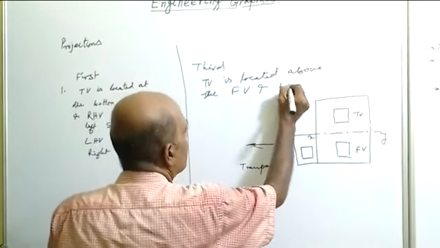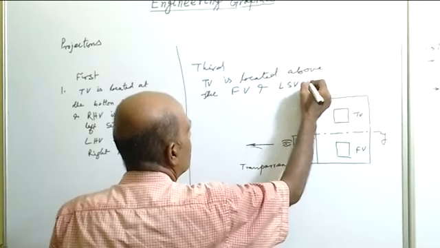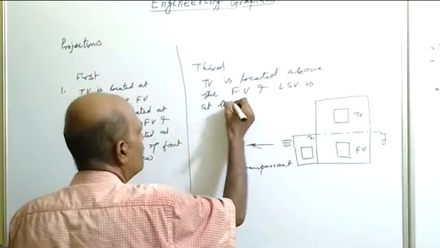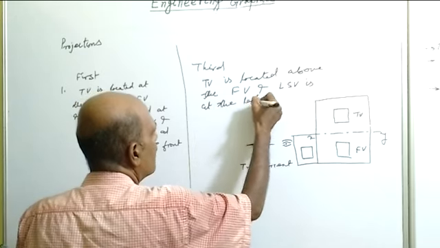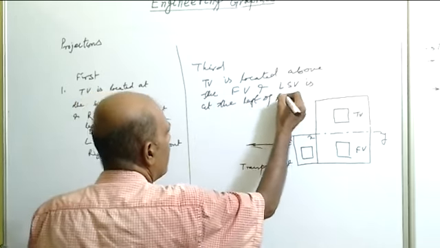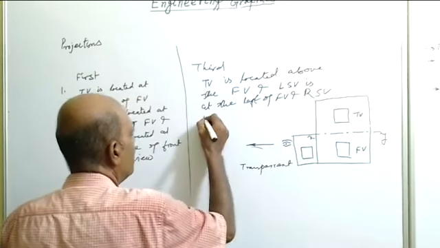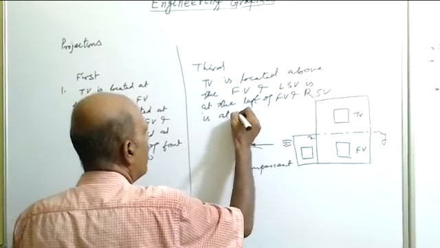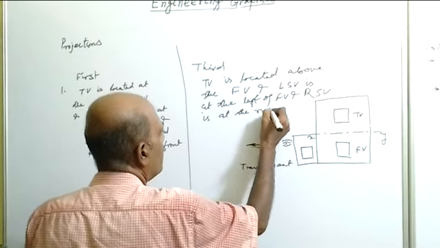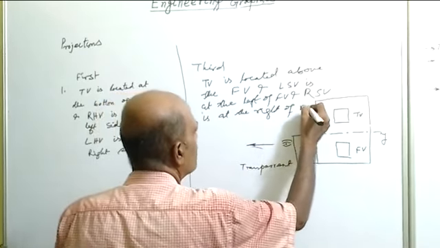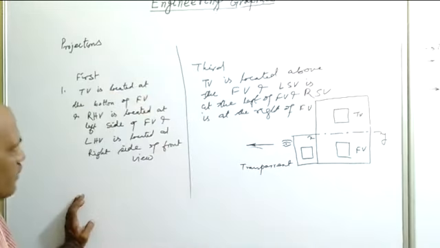The left hand side view is at the left of the front view, and the right hand side view is at the right of the front view. So this is the first difference.